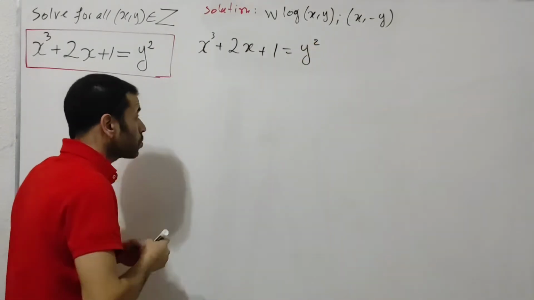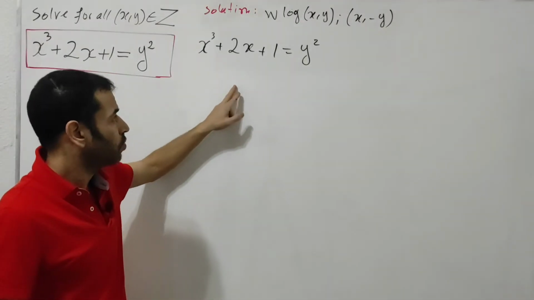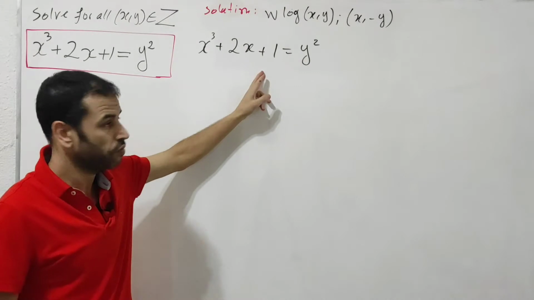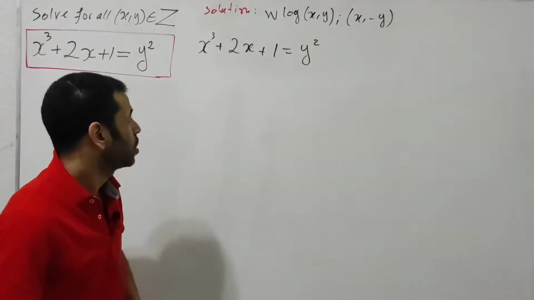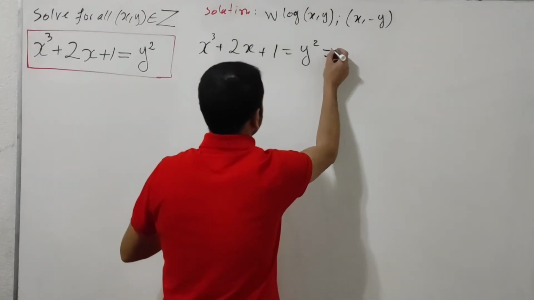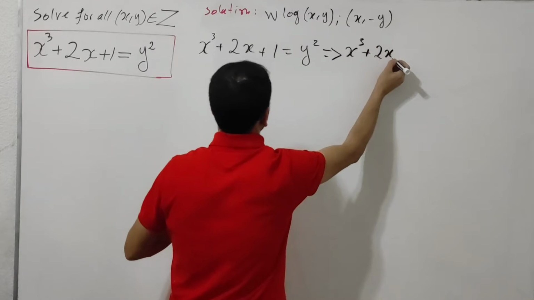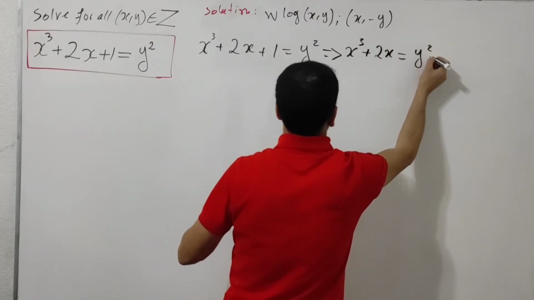The way this equation is going to be solved, we are going to make a factorization in 3 different forms. For the first factorization, I'm going to bring this number 1 to the right hand side of this equation. So I will have x cubed plus 2 times x equals y squared minus 1.